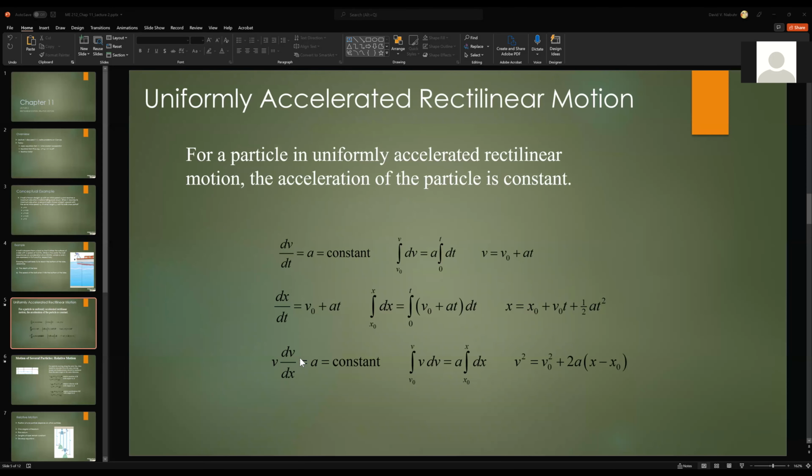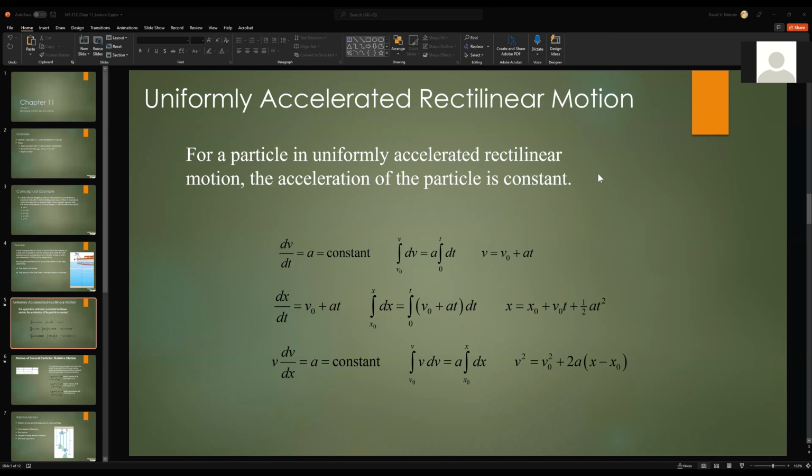Now going back to uniform accelerated rectilinear motion. After 11.1 and 11.2, since we're starting out at a pretty basic level, we're just going to take our relationships dv dt and relate that to a as a constant.